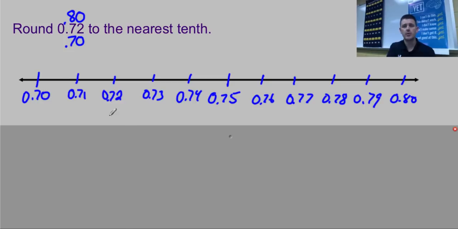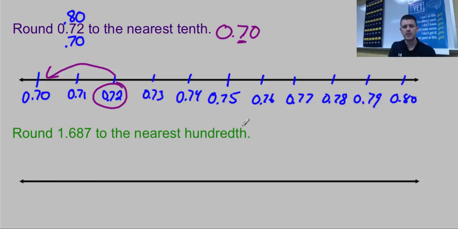We just number our number line all the way from 0.7 up to 0.8, and then we look at where am I closest? Well, 0.72 is closer to the 0.7 than it is to the 0.8, so we would say this one would round to 0.7 or 0.70. And when you round, everything after the digit you're rounding to turns to zeros.